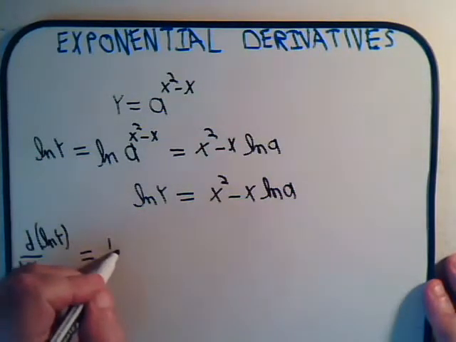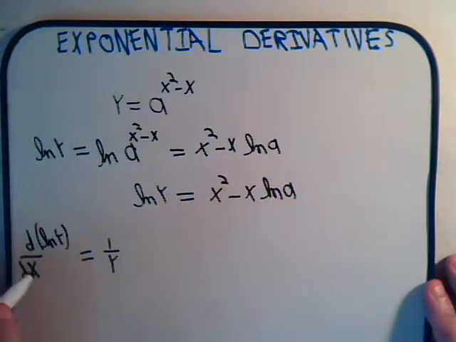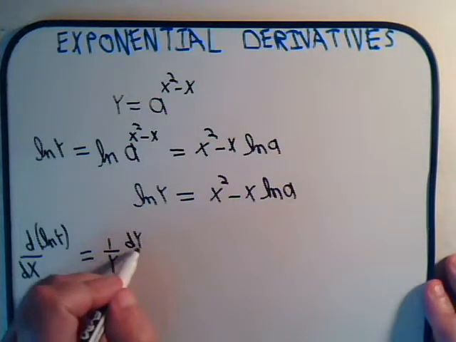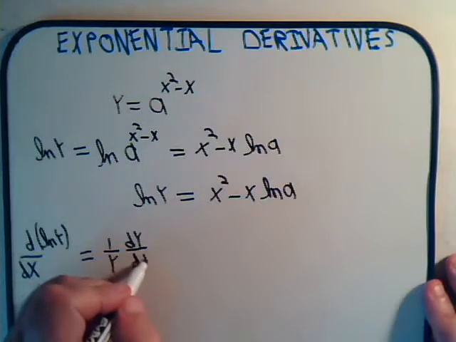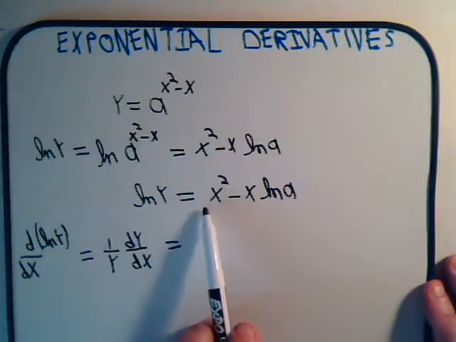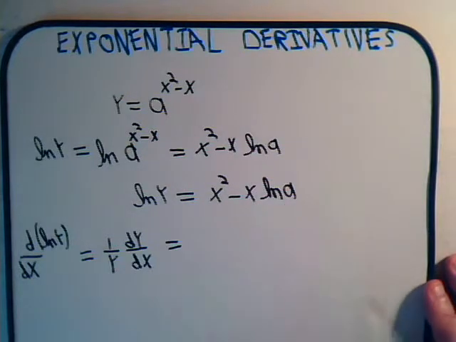That is 1 over y dy/dx and that has to equal the derivative of this side of the equation with respect to x.